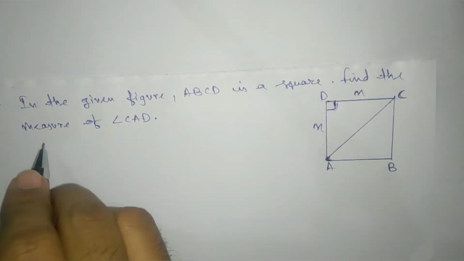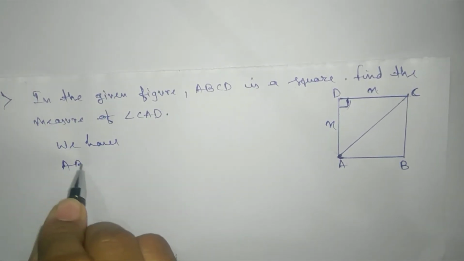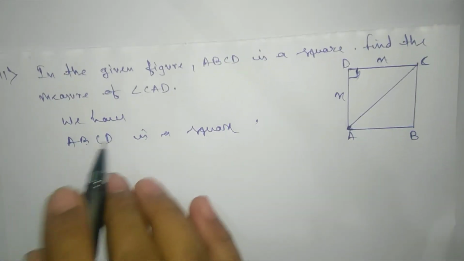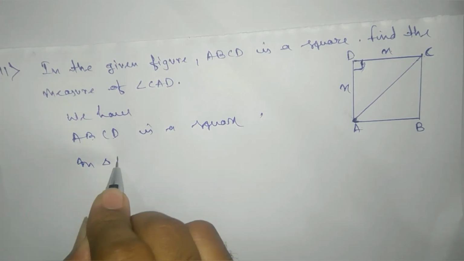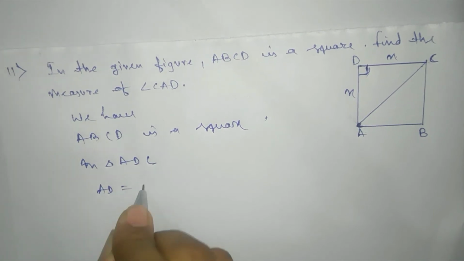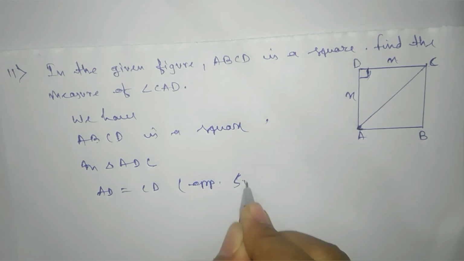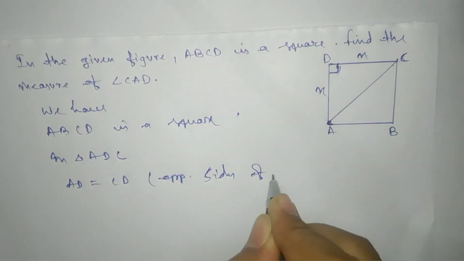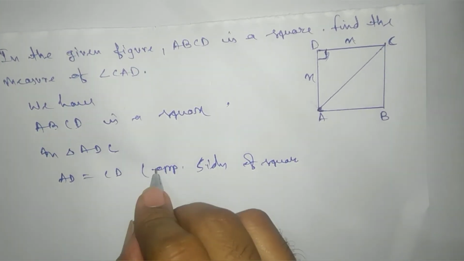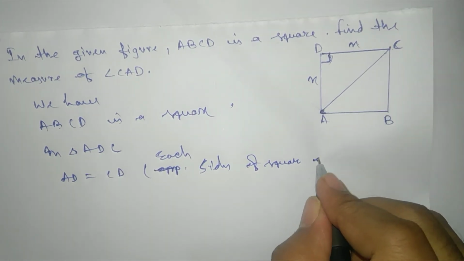Now, ABCD is a square. So in triangle ADC, we can say that AD equals CD, opposite sides of a square. Each side of a square is equal to one another.